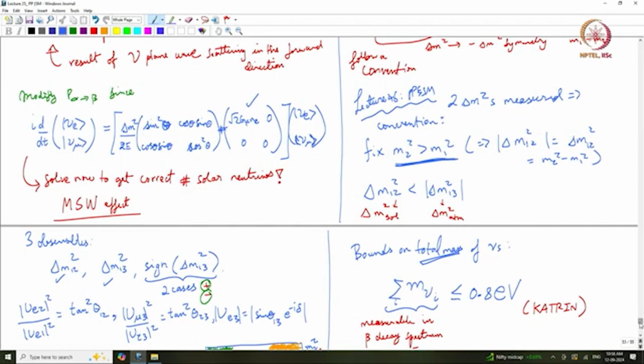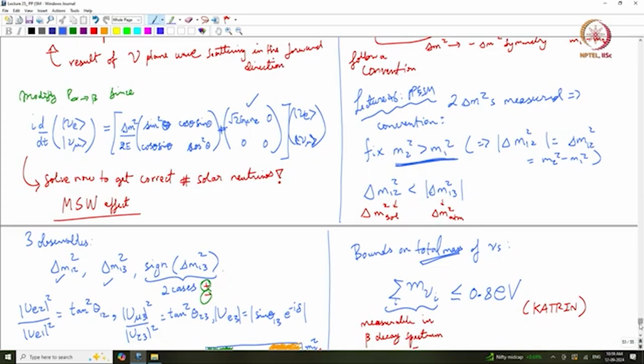So, we have measured only 2 of the delta m squareds, using solar neutrinos and atmospheric neutrinos dominantly. That means we have to choose a convention for checking what the actual mass ordering of the mass eigenstate spectrum should be, and this is the convention chosen by everyone, in fact, where you fix m2 squared to be larger than m1 squared, so that the sign of delta m12 squared is fixed, but you let the sign of delta m13 squared float.